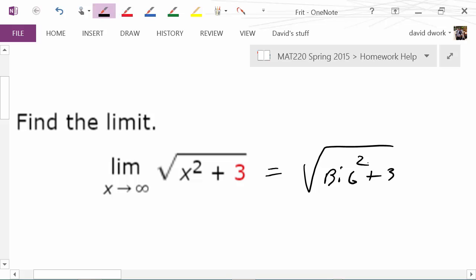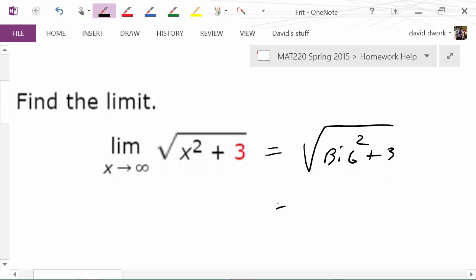So a billion squared plus 3. If someone told you I was going to give you $1 billion, then square it, so a billion groups of a billion times a billion, and then add $3, you'd say, I don't care about the $3. It wouldn't be worth your time to take it from the person. You keep it. So essentially what we're looking at here is really this, because this number here might as well be 0.